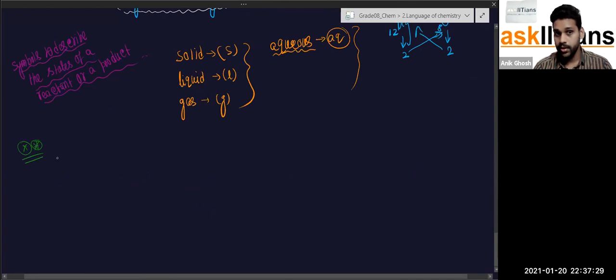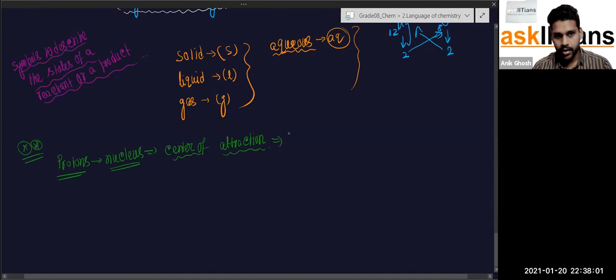So protons are where? In the nucleus. Nucleus is the center of attraction, isn't it? Now you cannot touch a proton.